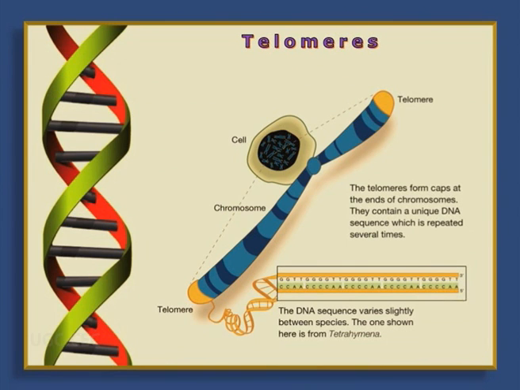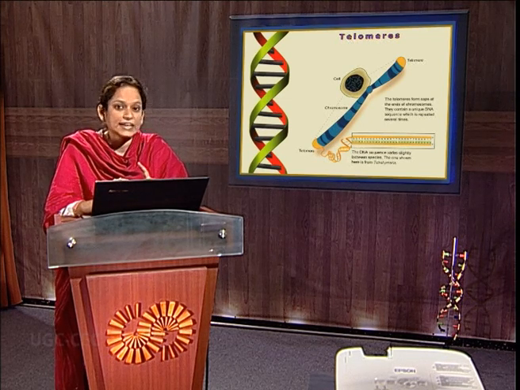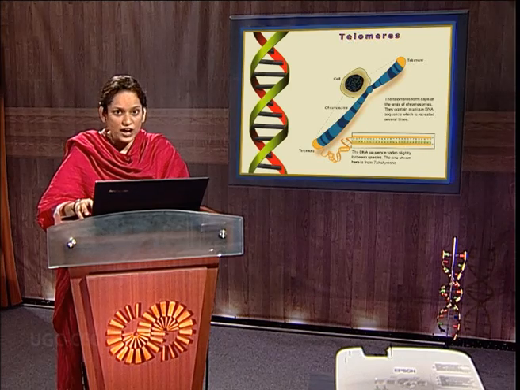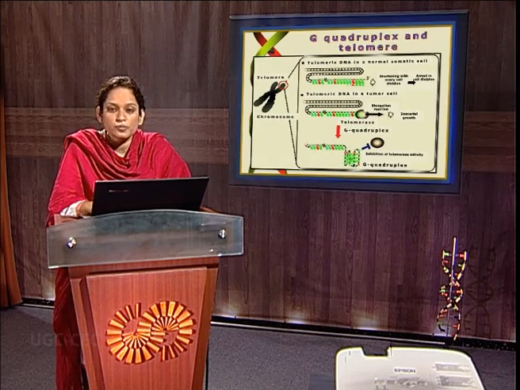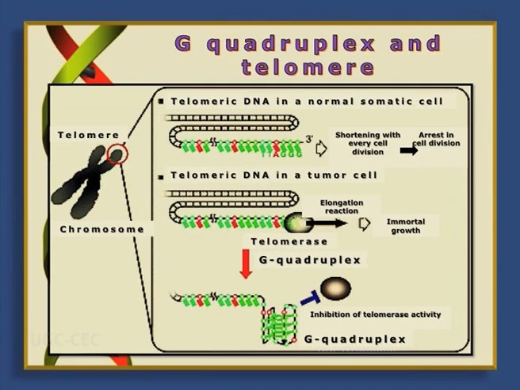Now, the telomeres. As I told you, the G-quadruplex structures are present at the telomeres. What are telomeres? These are the end sequences of chromosomes and they play a very important role in cancer. The malfunctioning of telomeres has been implicated in cancer. Now, it has been found that the G-quadruplex structure is found at the telomeres.